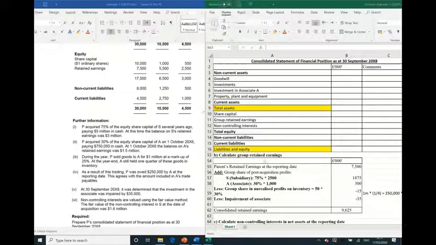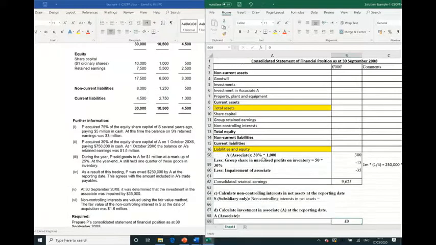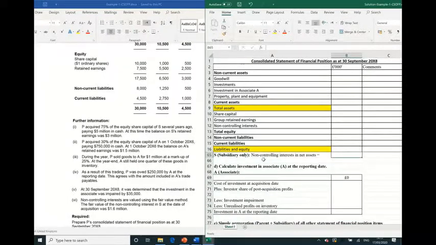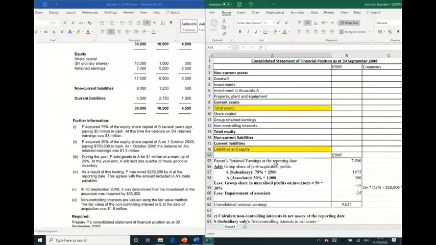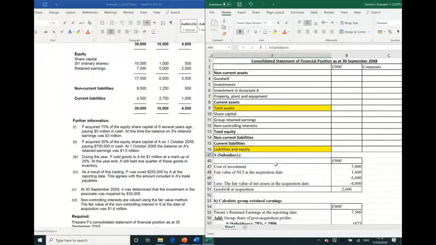Okay, moving to the next item, which is the non-controlling interest in net assets at reporting date. The non-controlling interest at acquisition date is given when we calculate the goodwill.